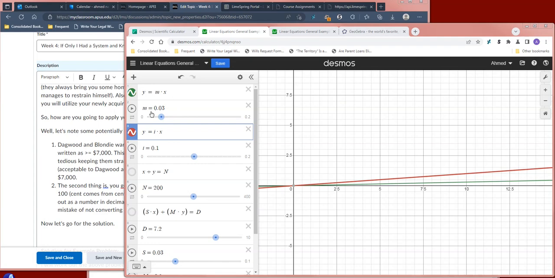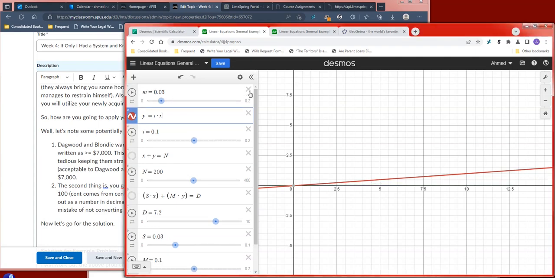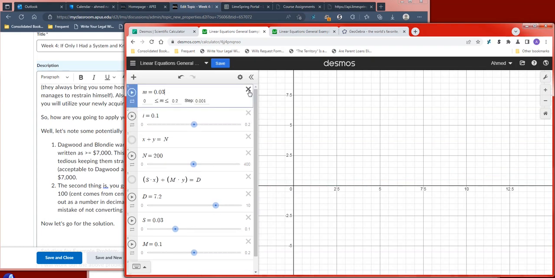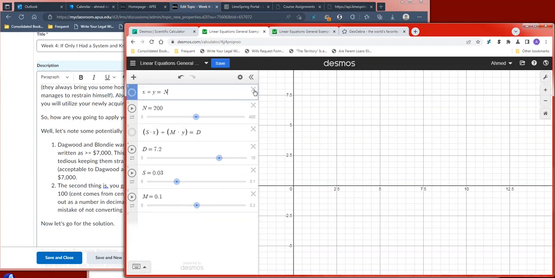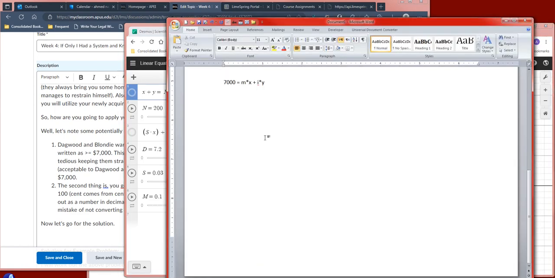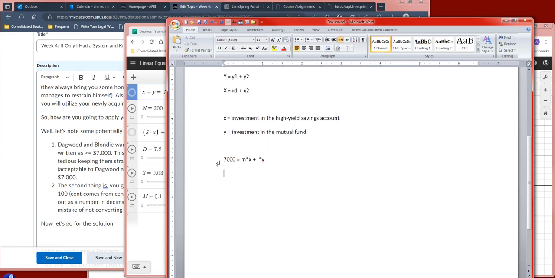I'm going to wipe out these equations by just doing this. Now I'm going to use this equation, which corresponds to this thing here.